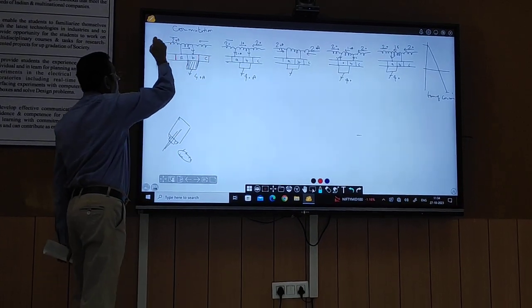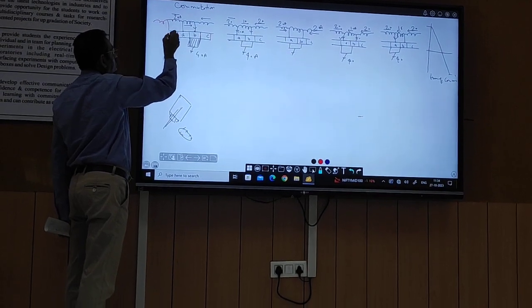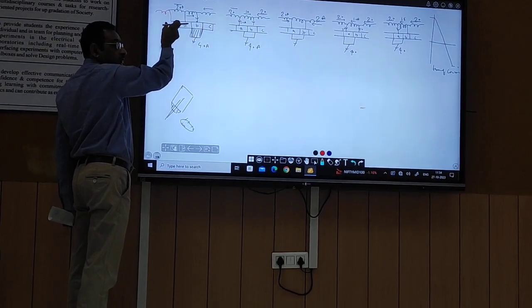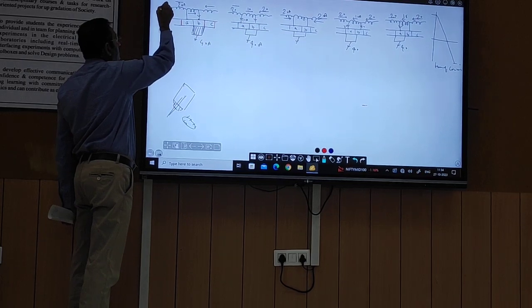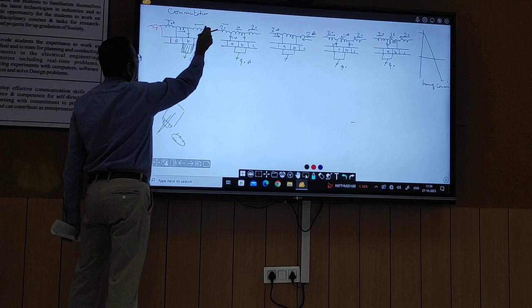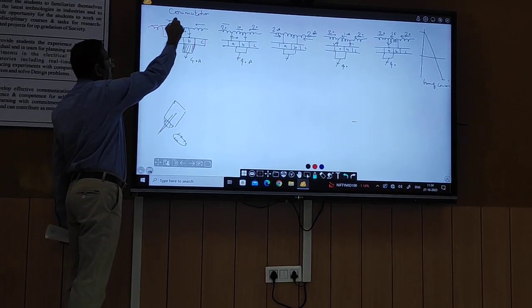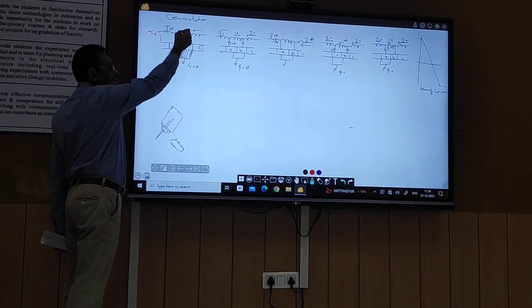So even if there is a winding here, no current will flow through it, because they are separated through insulation. Whatever current is here, that current will continue to be here, even if they are connected with this. So 20 ampere current is coming from this side, 20 ampere current from this side.